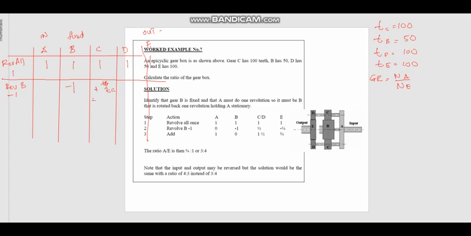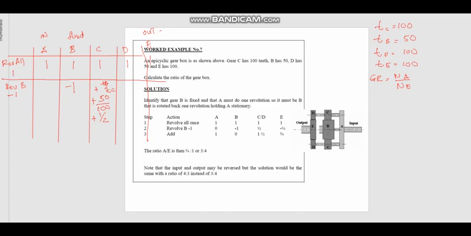Plugging in the numbers, TB is 50 and TC is 100, so this is plus 1 over 2. One rotation of B will rotate C half a rotation.